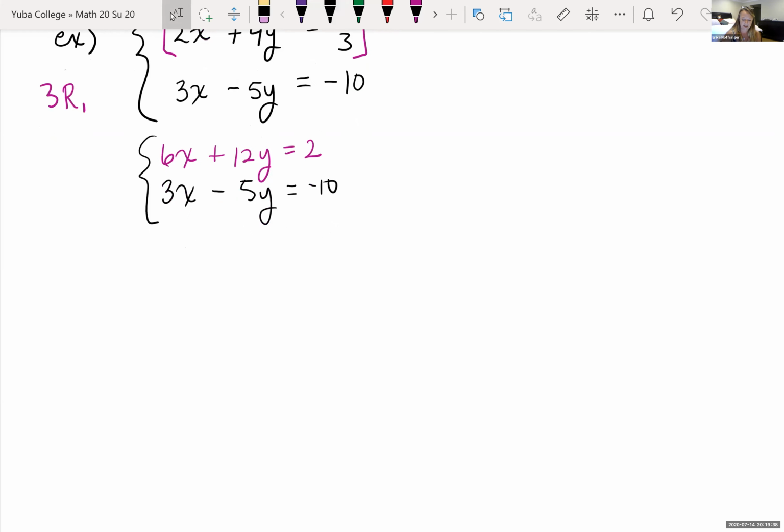And so technically what I'm going to do is take this first row, row 1, and add it to, in order to get this to be a negative 6, I would have to multiply row 2 by negative 2.